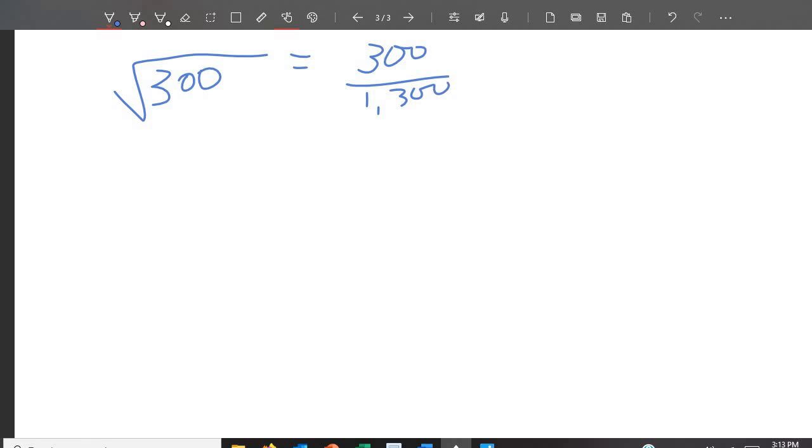So the goal is to list the factors and find the biggest one that you can actually take the square root of. Now here's one that's got a lot of factors. Let's just see what we get. So let's list all the factors. 1 and 300, 2 and 150, 3 and 100, 5 goes in there 60 times, 6 goes in there 50 times.